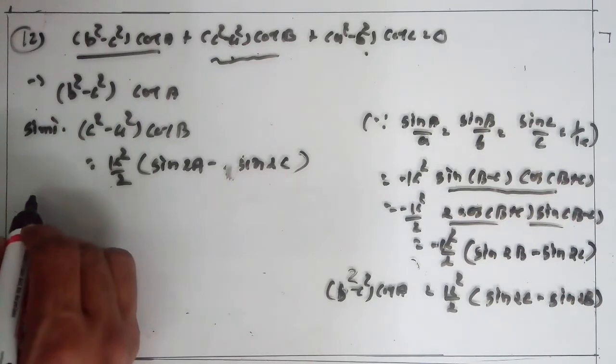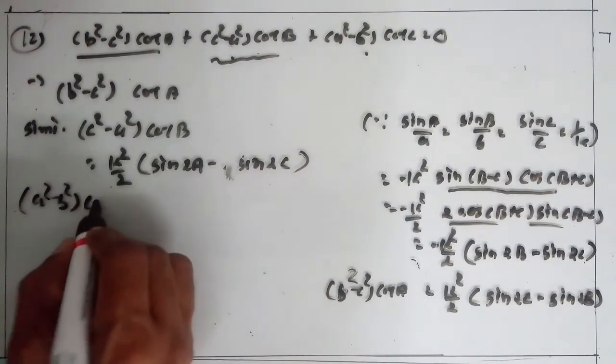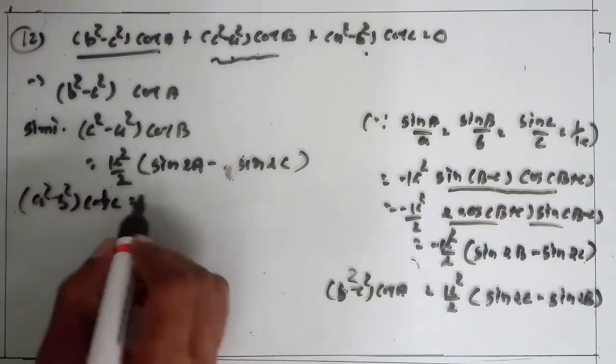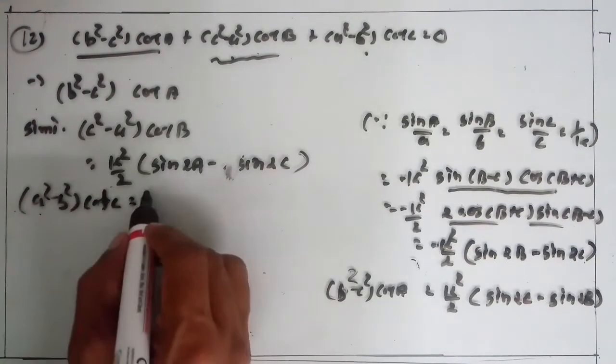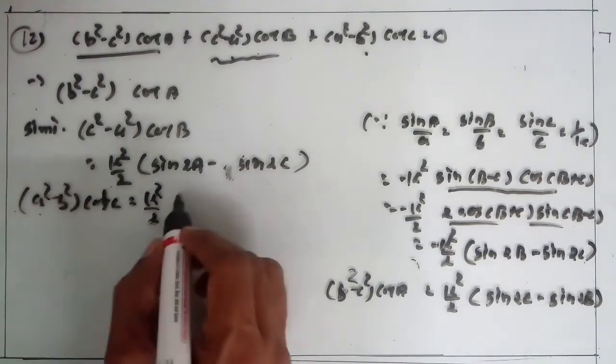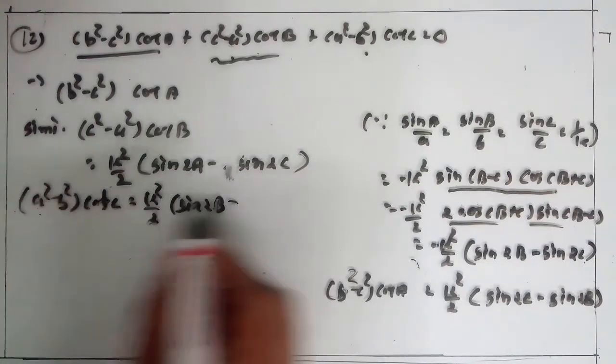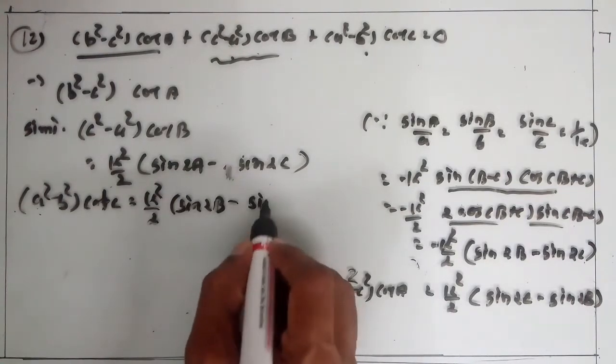Similarly, for the last term, (a² − b²) cot C is equal to k²/2 (sin 2B − sin 2A). Clear this?